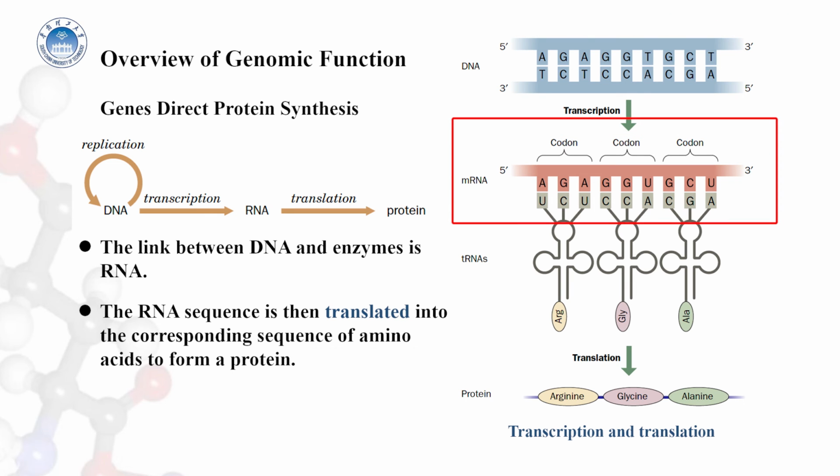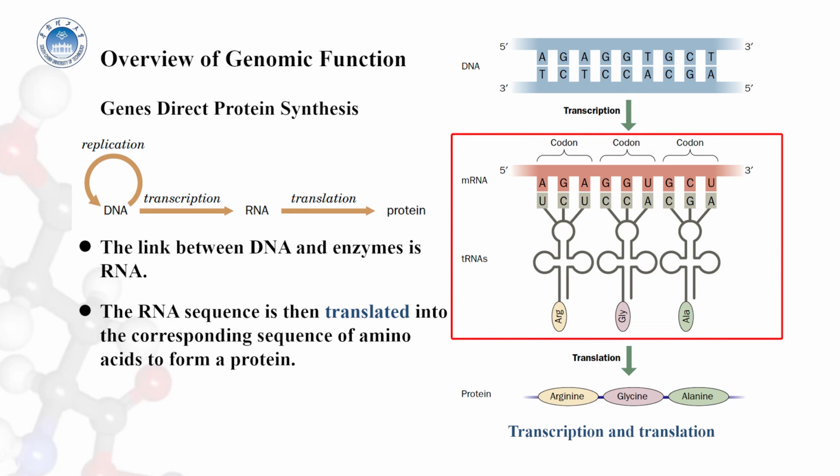The base sequence of the transcribed RNA is complementary to that of the DNA strand. The message is translated when transfer RNA, which we call tRNA, molecules align with the mRNA by complementary base pairing between three-nucleotide segments, known as codons.